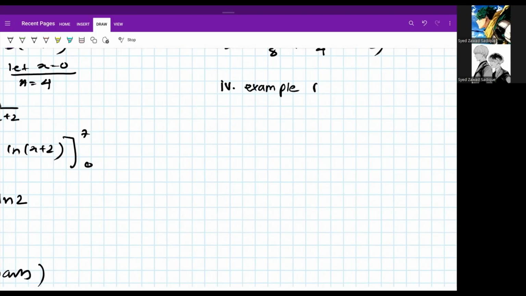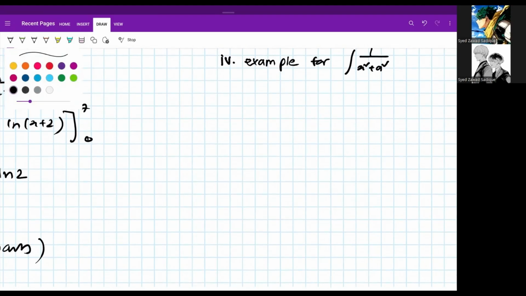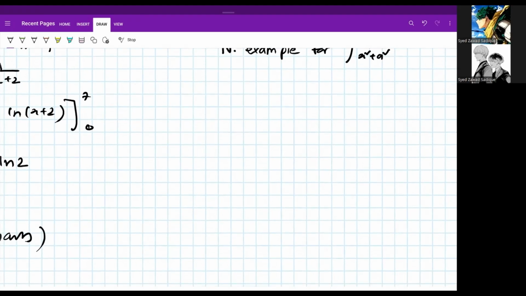Example for integration of 1 by x square plus a square. That would be, let's say, integration of 1 by 2x square plus 3.